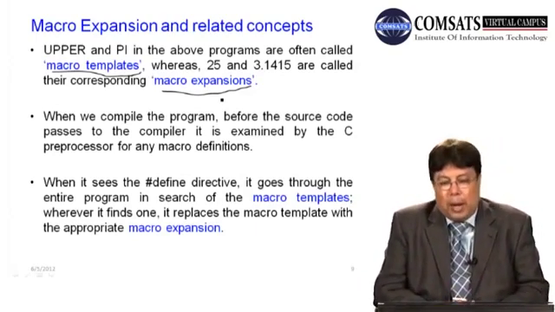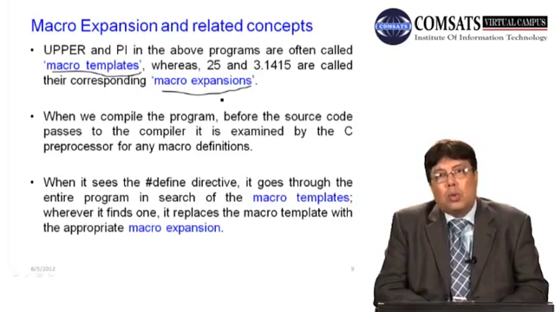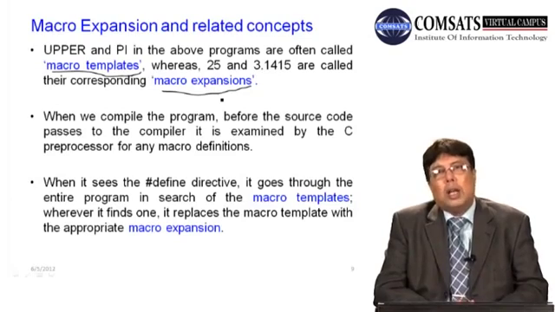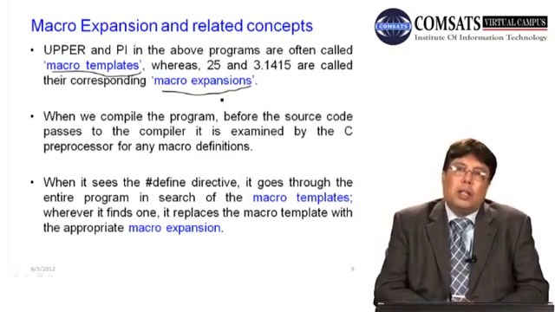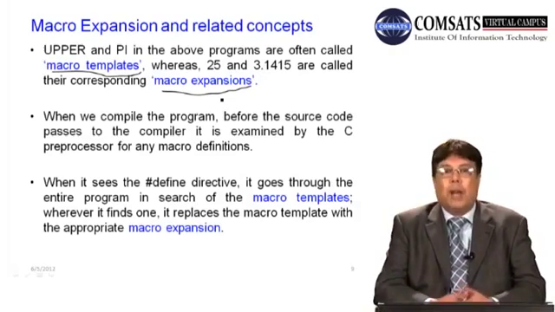When we compile a program, before handing over the source code to the C compiler, I told you that this preprocessor converts all the directives into the actual data. So what will the C compiler see? The C compiler will see the values.